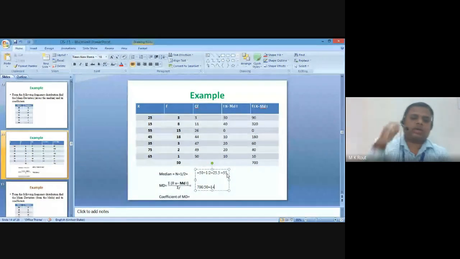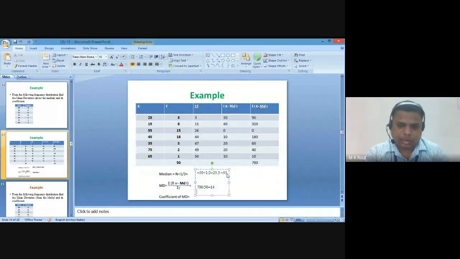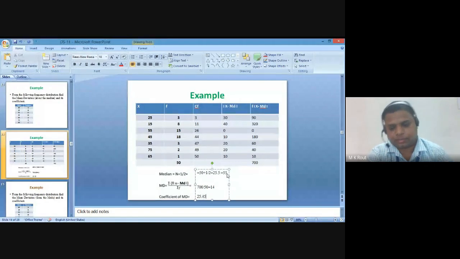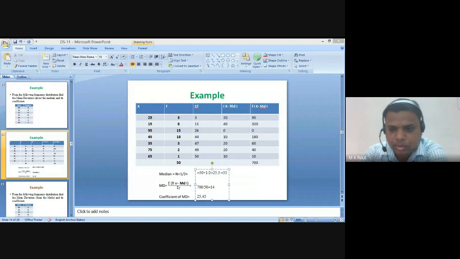Then calculate the coefficient of mean deviation. 25.45. Is it clear to all? Yes, sir. Okay, so let's check who has finished.